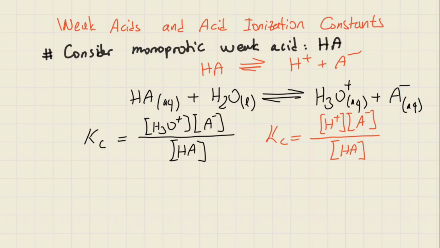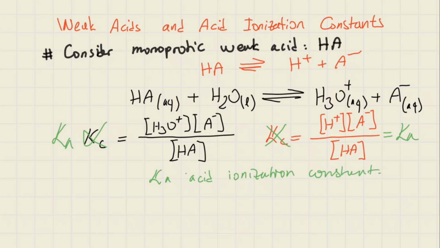And we call these cases actually Ka. And the Ka is the acid ionization constant, and it is used to define the strength of the acids. If the Ka value is larger, then it's a stronger acid.